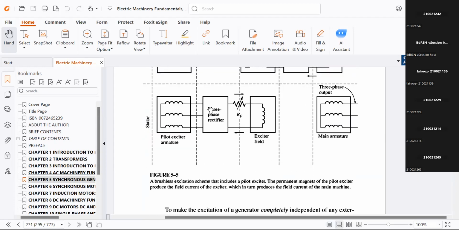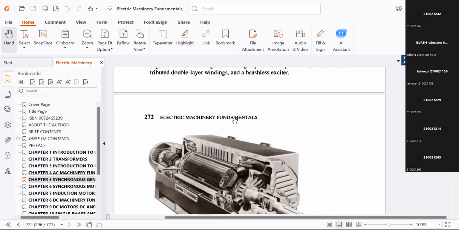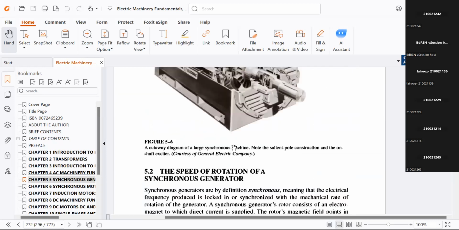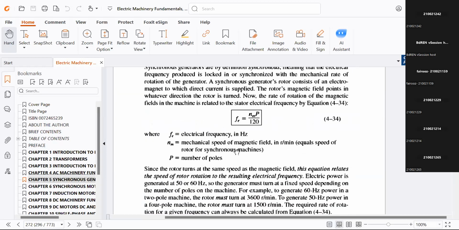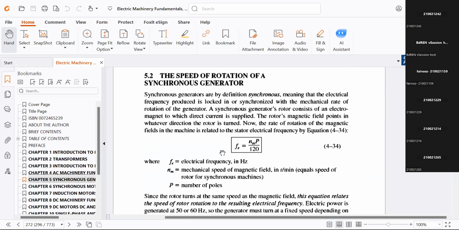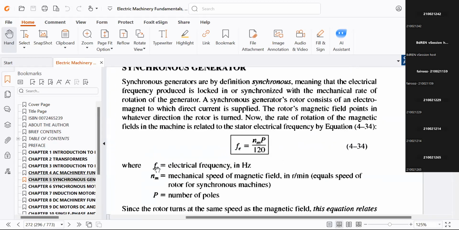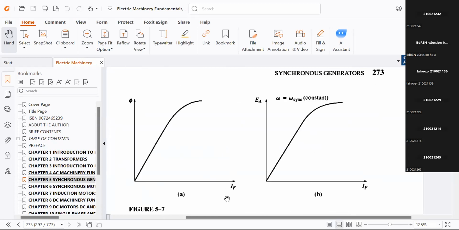This is the speed of rotation of a synchronous generator, as we told that in order to get 50 hertz, we can figure out what the speed should be. And here it is said that even though I increase IF, after some time phi will not be linearly increased, rather there will be a saturation. That's why you get a saturated value of EA.